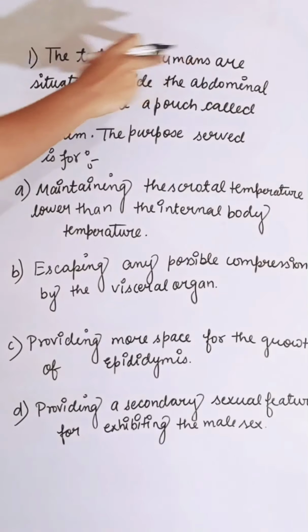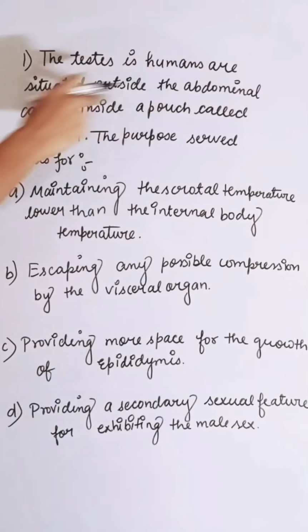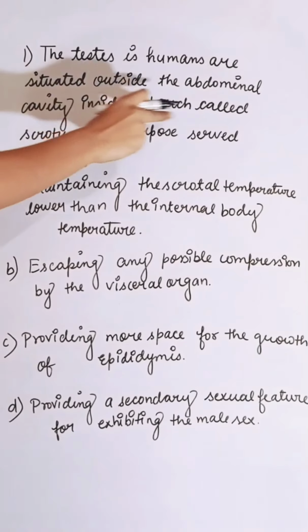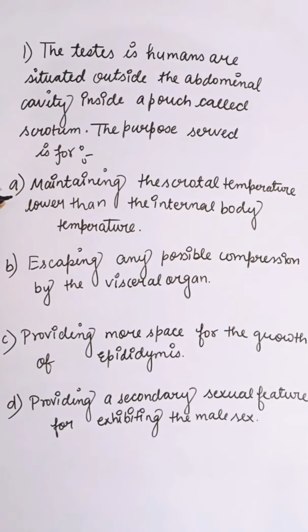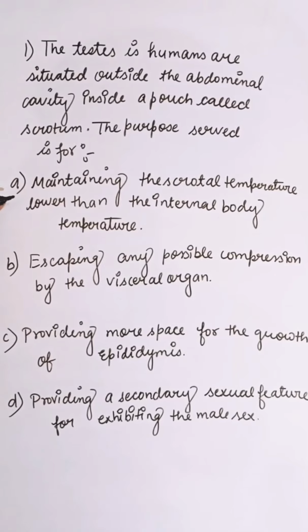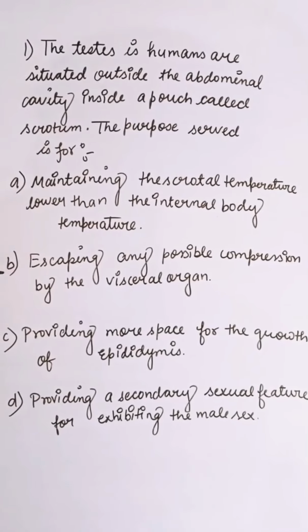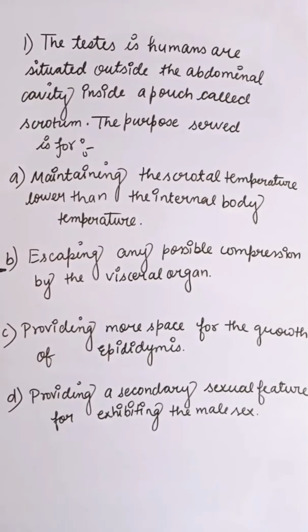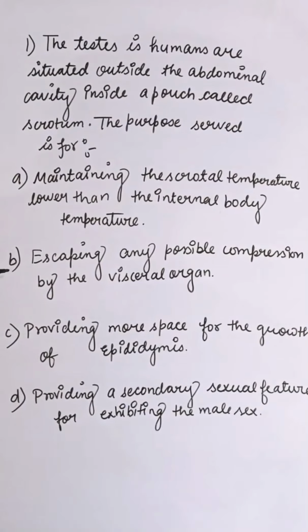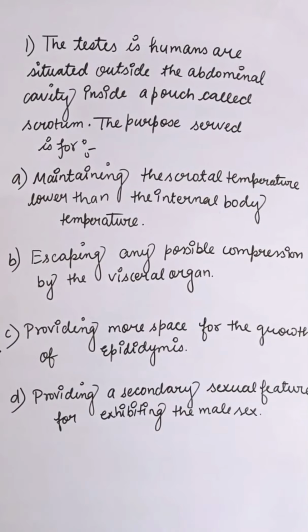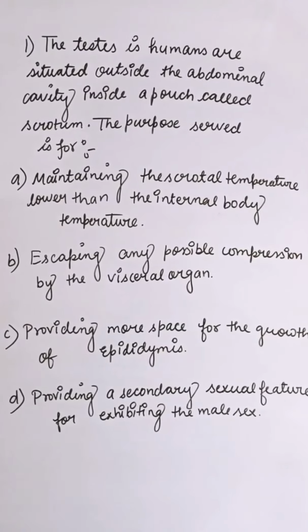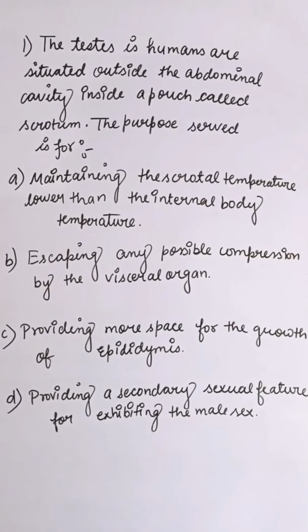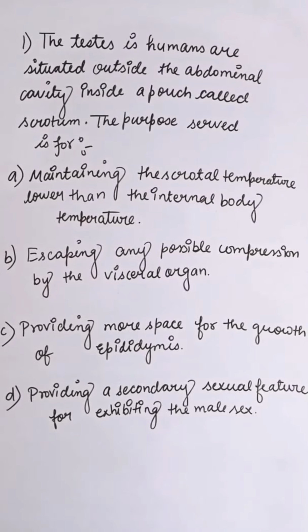The testes in humans are situated outside the abdominal cavity, inside a pouch called the scrotum. The purpose served is: first option, maintaining the scrotal temperature lower than the internal body temperature; second, escaping any possible compression by the visceral organs; third, providing more space for growth of the epididymis; fourth, providing a secondary sexual feature for exhibiting the male sex.